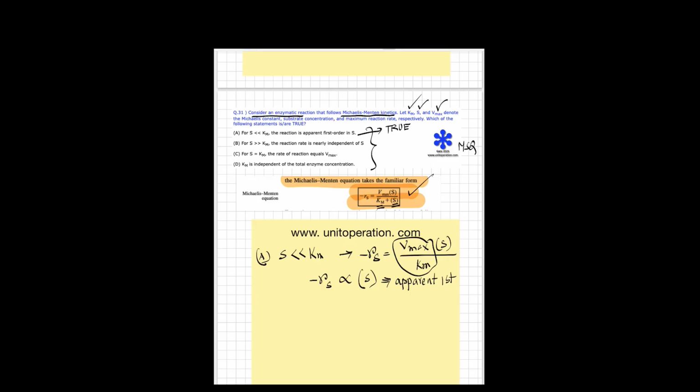Let's look into option B. When S is much greater than Km, then let's look into it mathematically. Minus Rs would be equal to Vmax multiplied by the substrate concentration, and since S is much greater than Km, we can just write S and they cancel out. So this is equal to a constant, which is the maximum reaction rate. And let's look into the figure.